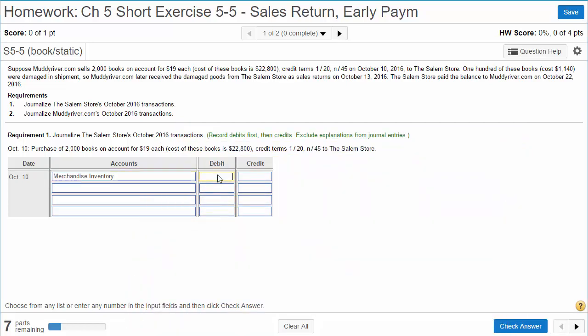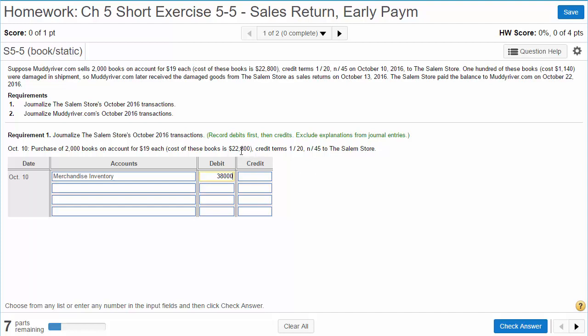So this company, Salem store, now has $38,000 of books. How did we get the $38,000? Well, they bought 2,000 books and they cost $19 each. Now we can ignore this cost of these books is $22,800 because the cost is the cost to the seller. So right now we are recording the transactions of the purchaser.